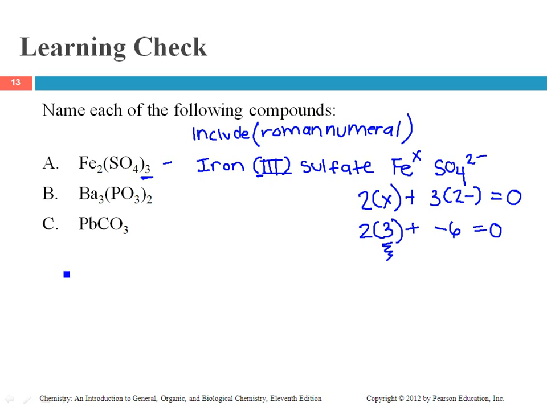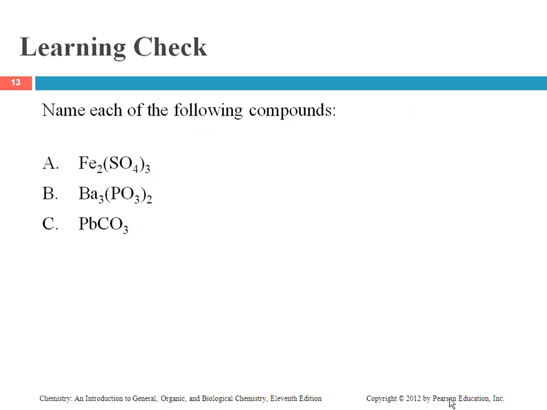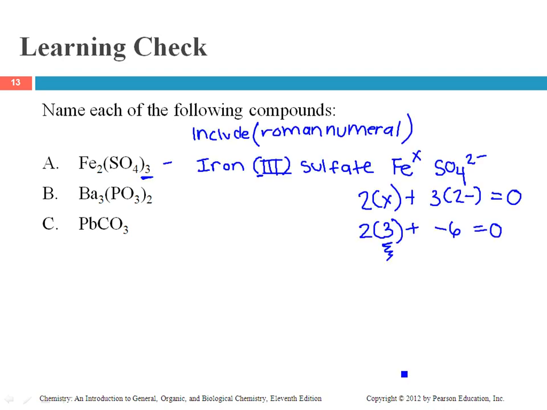Now we have our barium. I want you to think about barium. Are we going to have to use the Roman numeral, or are we not going to? I kind of feel like I might have tricked you here saying that we have to include Roman numerals. But if we find barium, it is a representative metal, so barium is in group 2. And so we do not have to come up with the ionic charge.